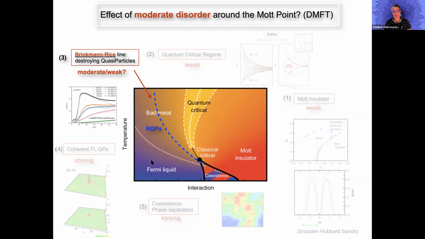We have a strongly correlated Fermi liquid, which upon heating evaporates, and this destruction of these heavy quasi-particles happens around a temperature which some people call the Brinkman-Rice temperature, because they were the first ones to calculate in an approximate theory the energy scale of these quasi-particles, and that's related to the temperature scale that's needed to destroy them. As you can see, this temperature scale drops and approaches zero as we approach the transition here.